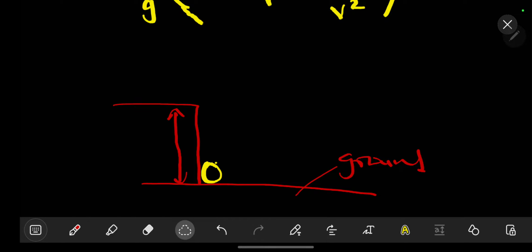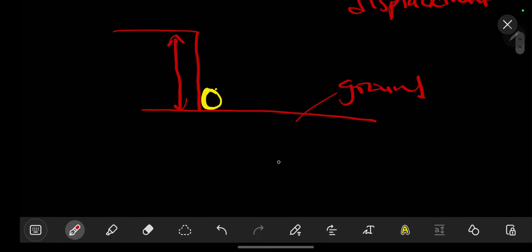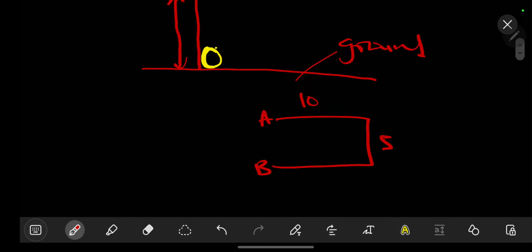So now what we are interested in is for us to understand terms such as displacement. Displacement is defined as the change in position. So if you move from point A to point B, let's say here it's 10, here it's 5, here it's 10, the distance from point A to point B is what we are going to call the displacement.